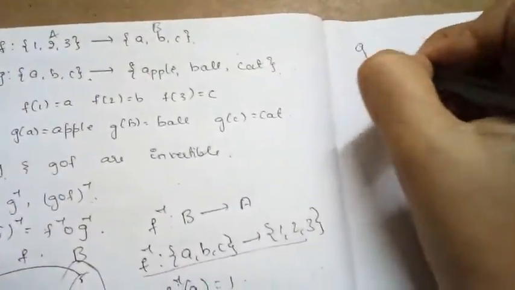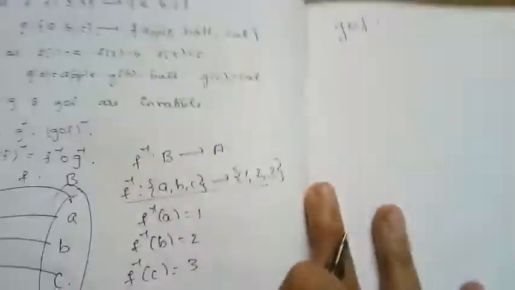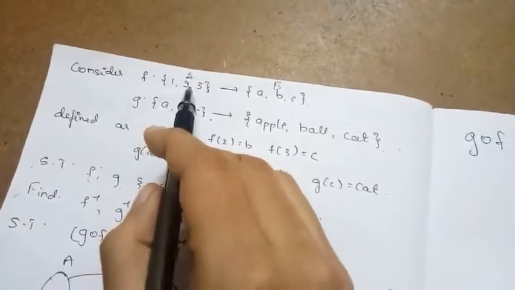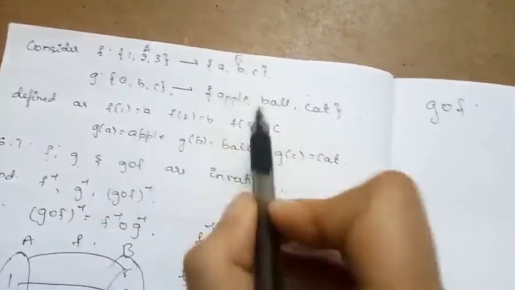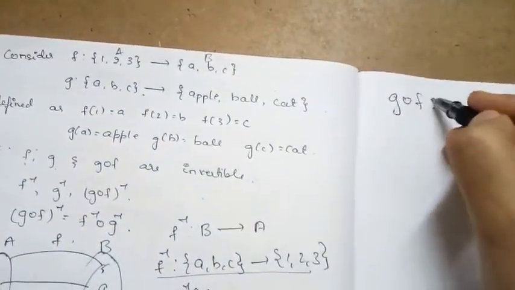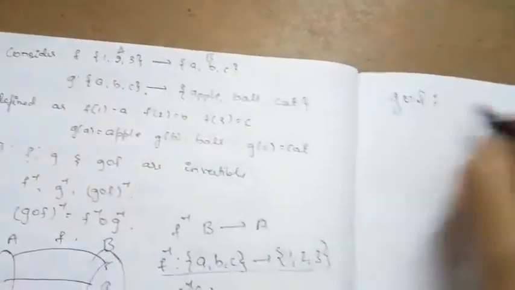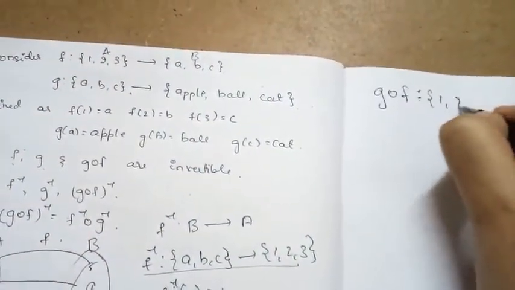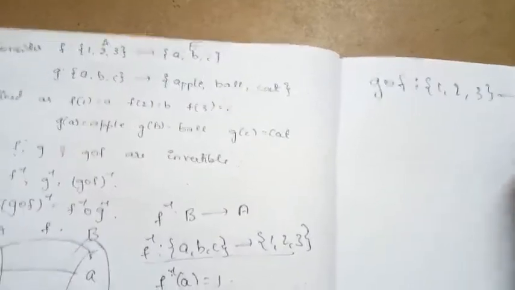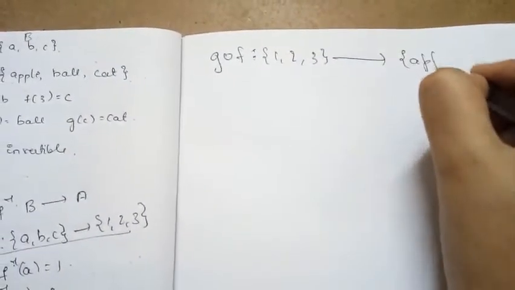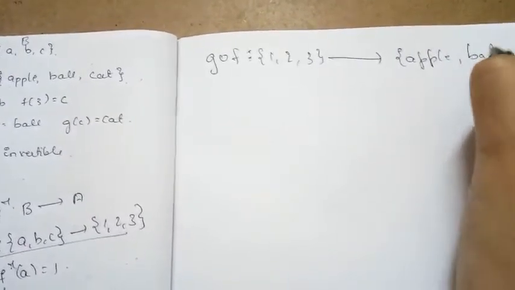Now gof. How is the gof function defined? f is defined from A to B and g is defined from B to C. So clearly gof function's domain is set {1, 2, 3}, and our codomain will be {apple, ball, cat}.